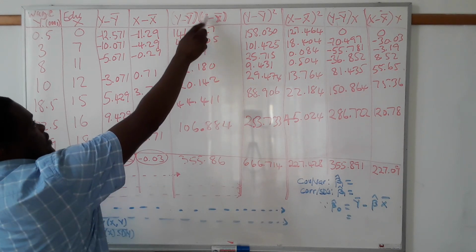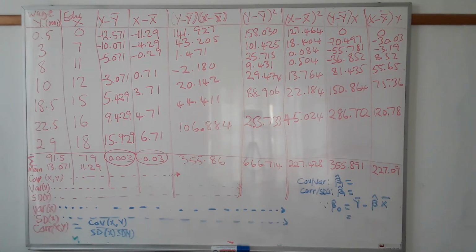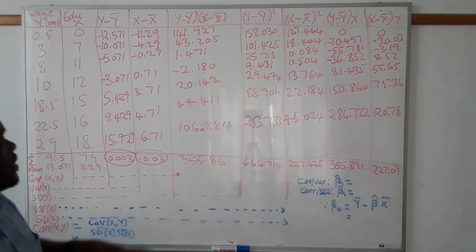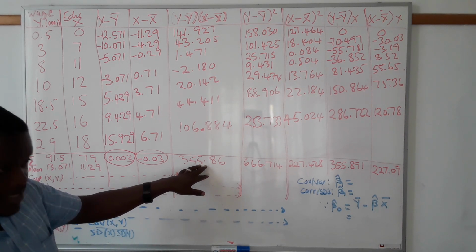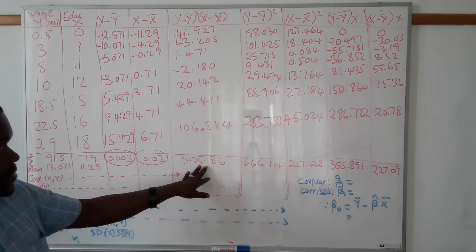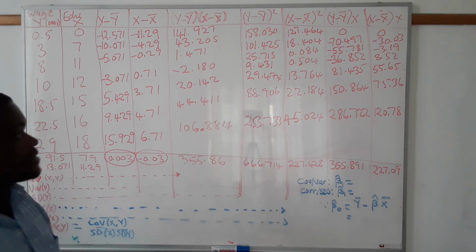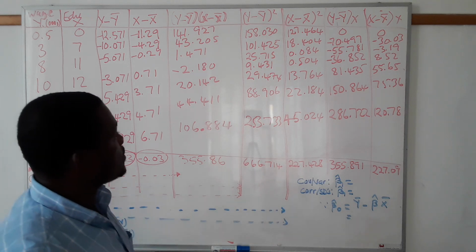And the product of the deviation of wages from their mean and of education from the mean, if summed, gives us this number here. And it is this number that we adjust by degrees of freedom to get the covariance. We did this in our first video.